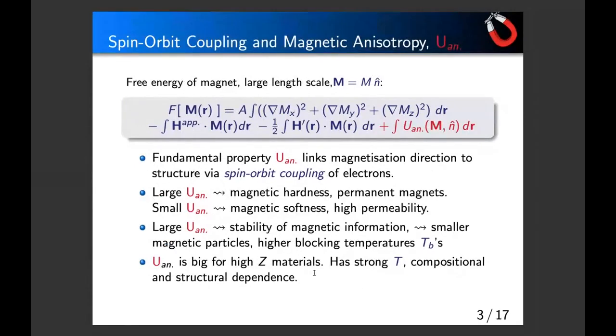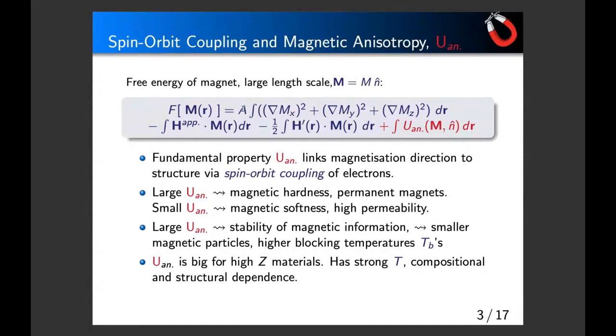Okay, so let me just take a step back from the sub-nanocell scale, which is the area I'm interested in when I'm looking at intrinsic properties, and focus on how one would describe a magnet on a longer length scale. So if one writes down a free energy of a magnet in the expression at the top of this slide, we've got the magnetization profile in the system, so this could be capturing the domain structure and everything.